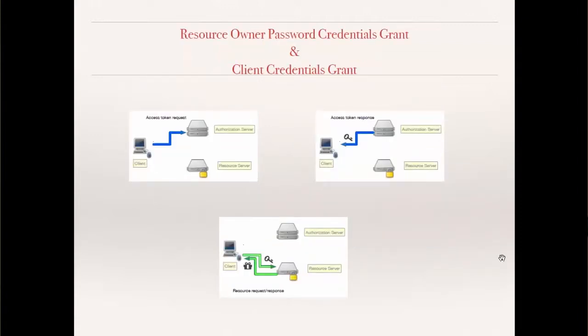Resource owner and client credentials, then you have sort of skipped the user. The resource owner isn't there anymore. And you also skipped sort of the authentication request, authorization request. It's also not there. You go directly for the token request.